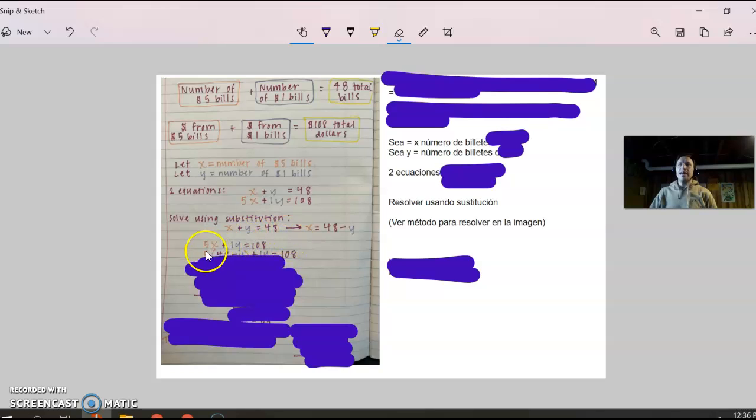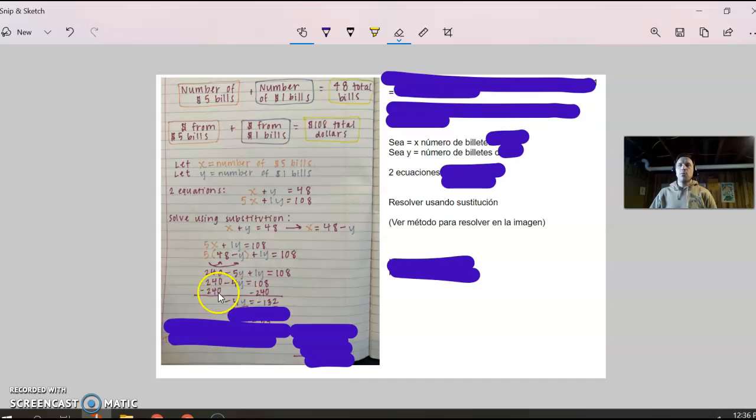We take our second equation, 5X plus 1Y, and we plug in for X. 5 times 48 minus Y plus 1Y. And then we just need to do the algebra. And you can walk your way through here. We distribute the 5, so 5 times 48, and 5 times negative y gives us 240 minus 5y plus 1y.